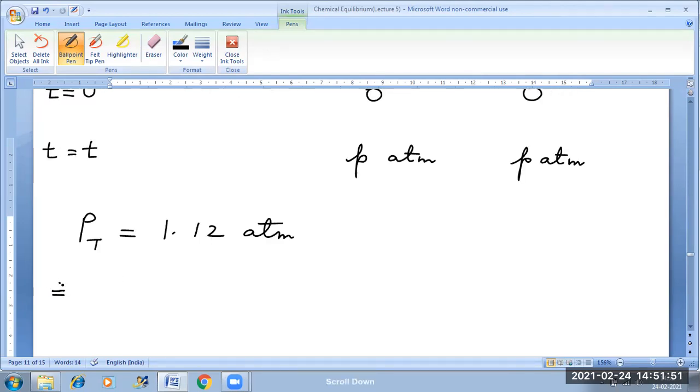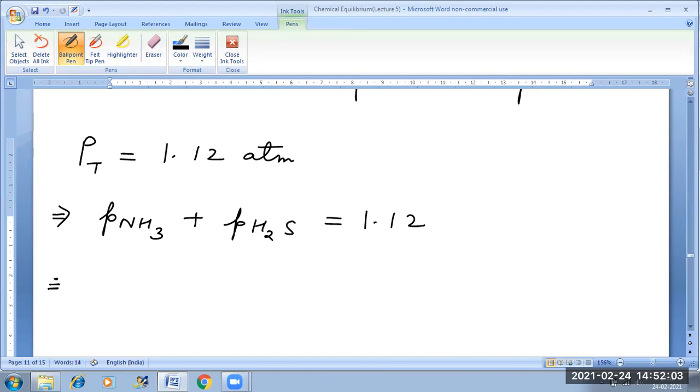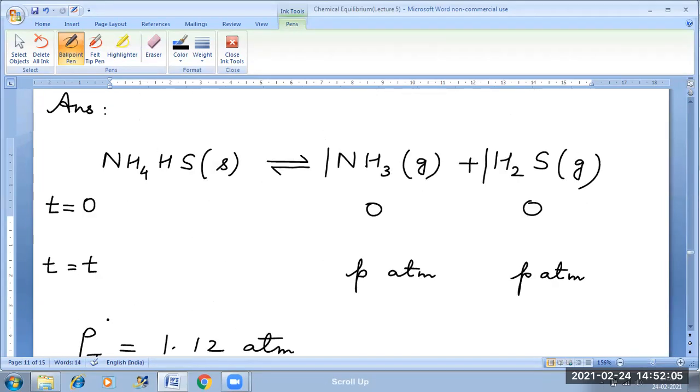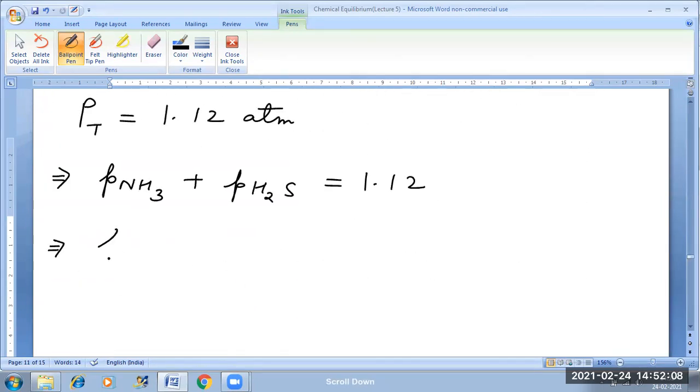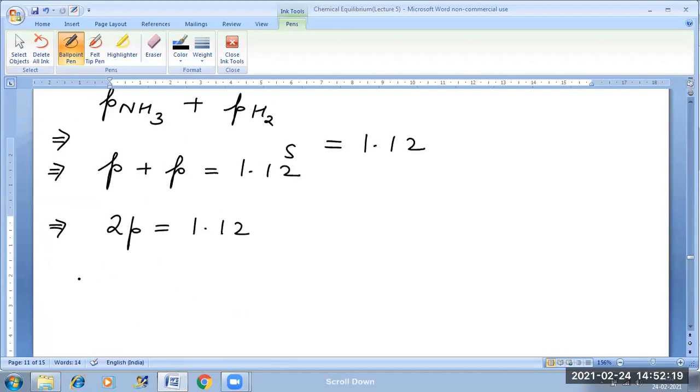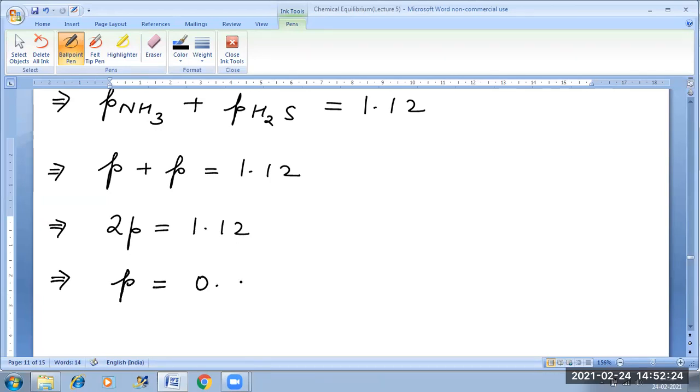So I can say total pressure is nothing but partial pressure of NH3 plus partial pressure of H2S. So P atm plus P atm. I'll get the value of P.